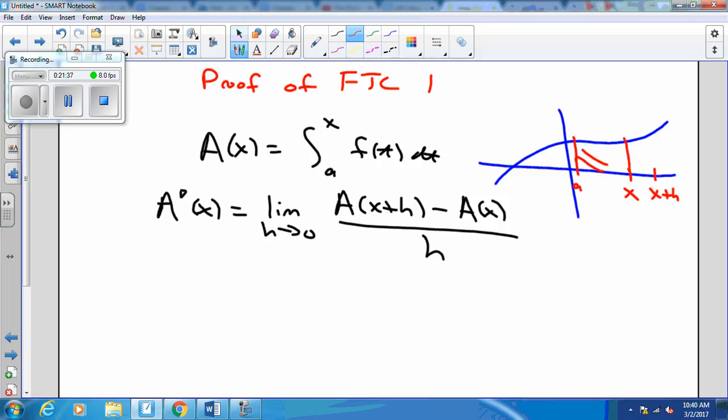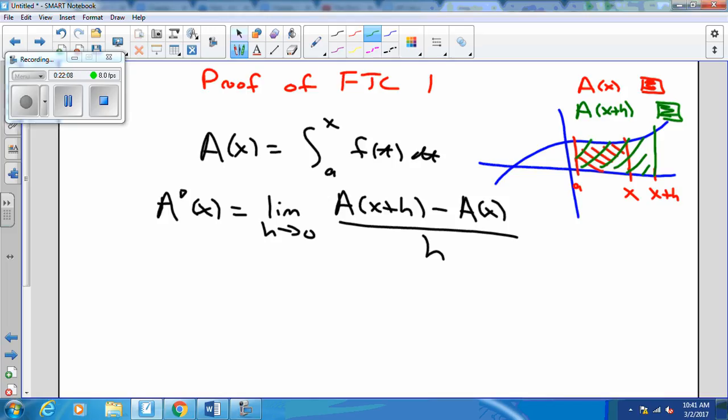So A of x is all of this area right here, but A of x plus h is all of this area right here. So A of x represents the area in red, and A of x plus h represents the area in green. Are you with me so far?